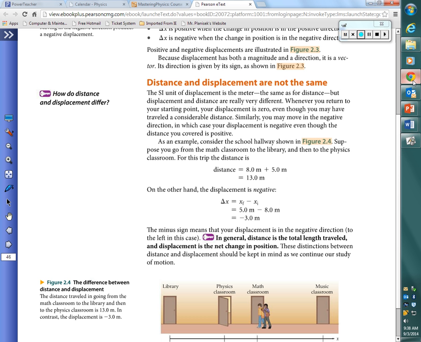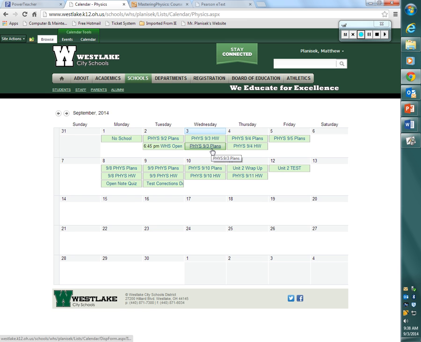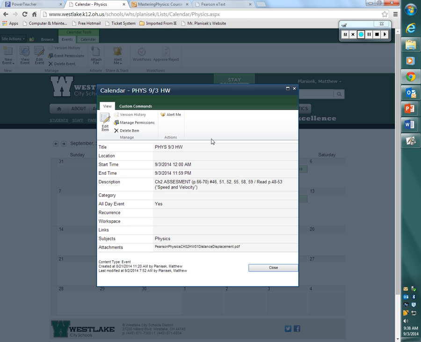So, if we take a look at the calendar for tonight, our plans and then the homework for this evening. Homework for this evening is 6 problems, similar in nature to the problems that we just did on the board.